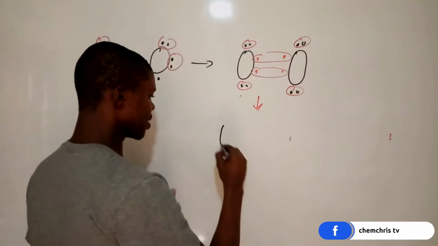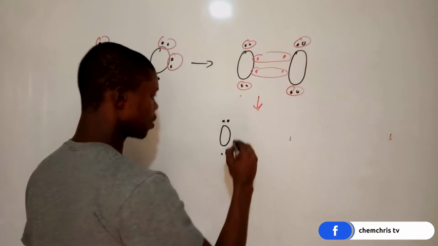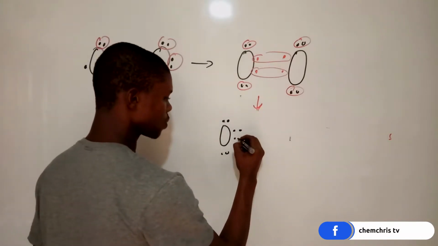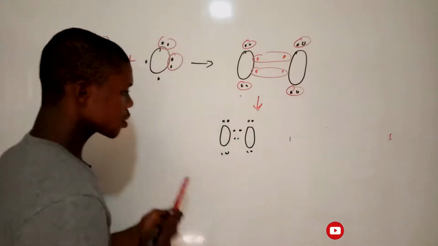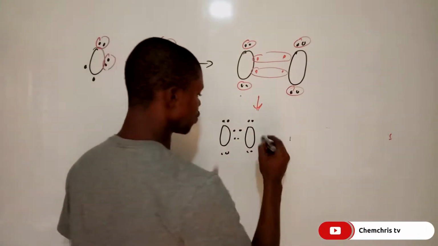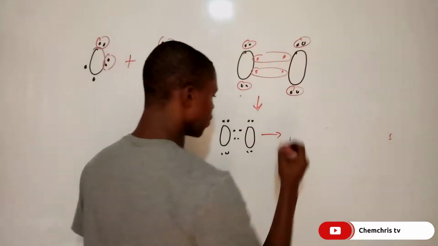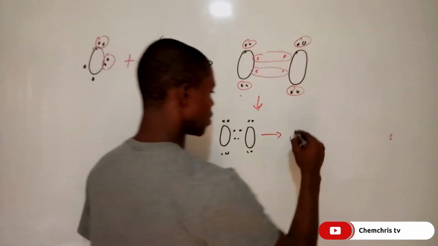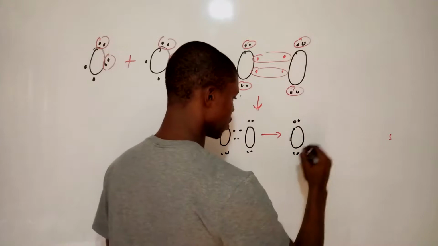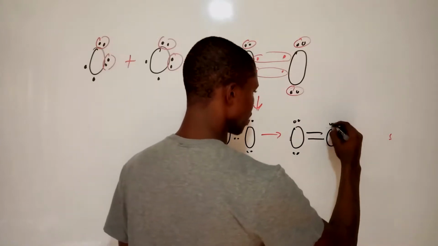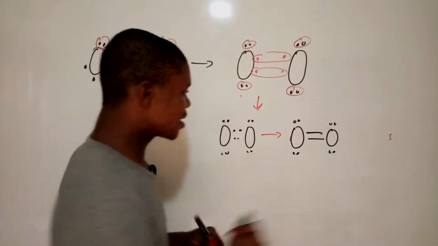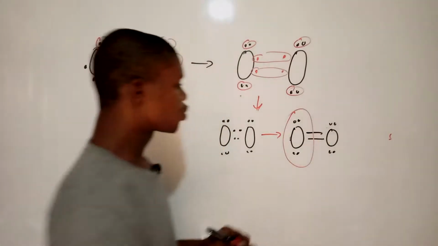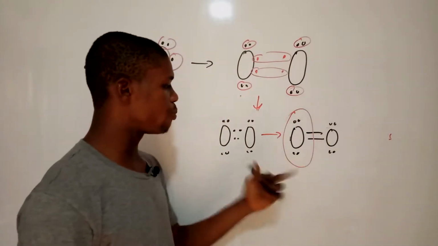Now when this happens, here you're going to have oxygen here. Now here we have oxygen here. Yes. So now let's convert it to a bond. And to convert it to a bond, here we are going to have oxygen, double bond towards the other oxygen here. So do you get that? So you can see that this oxygen has 2 bonds, and 2 lone pairs.